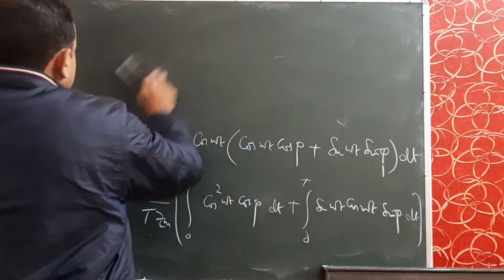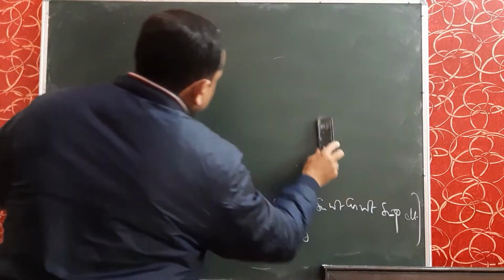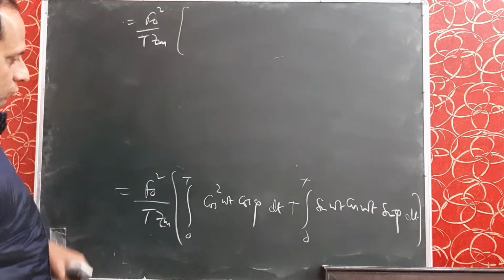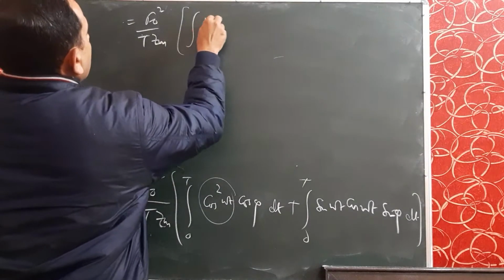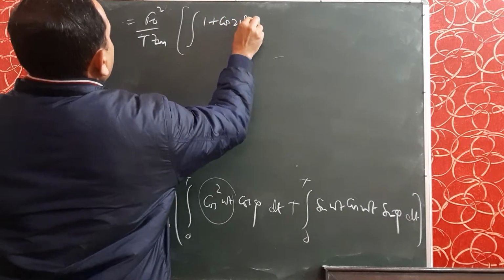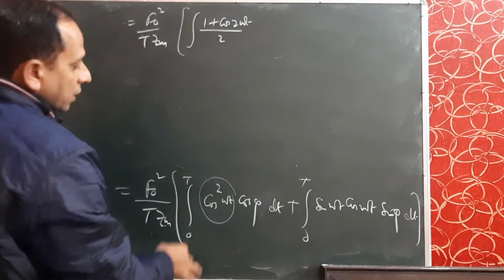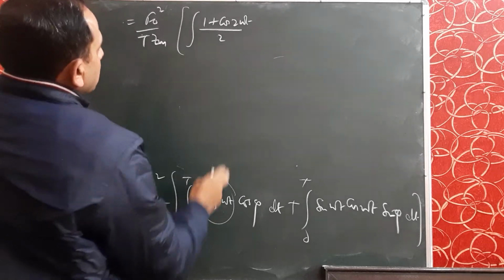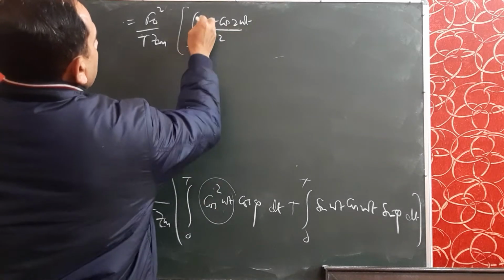Now, we will solve further. F naught square upon T into Zm, and we may expand cos square omega t as 1 plus cos 2 omega t upon 2, into cos phi dt from 0 to T. You know that the value of cos square theta is 1 plus cos 2 theta upon 2.